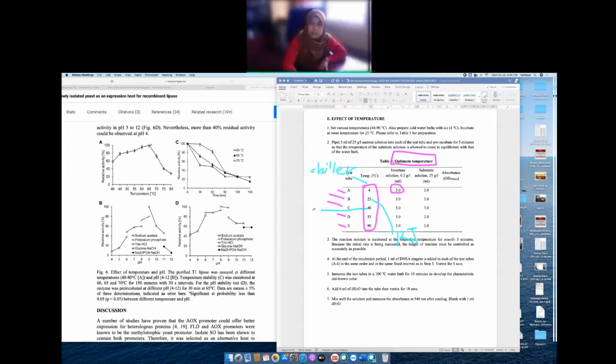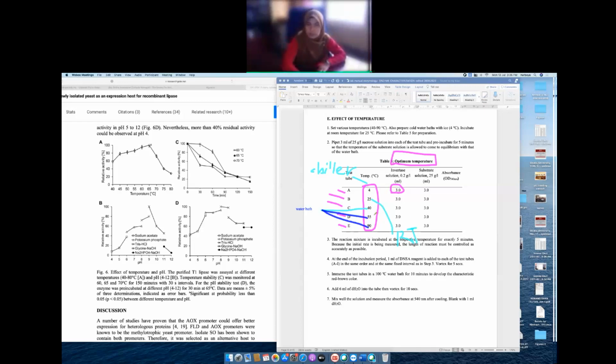For 40, we can use the water bath. The same goes for 55 degrees, and 90 degrees can also go in the water bath.